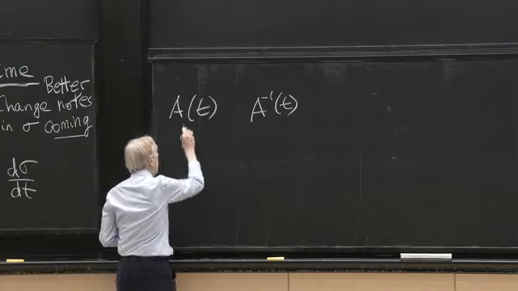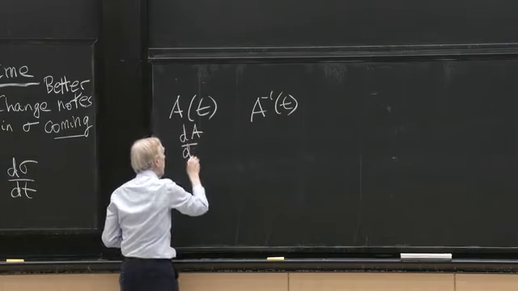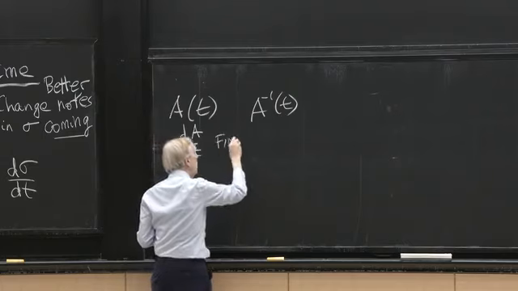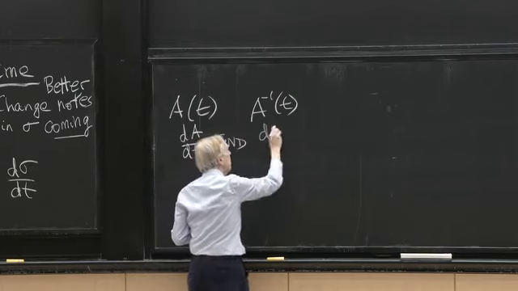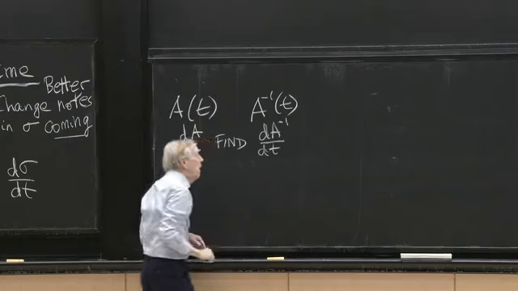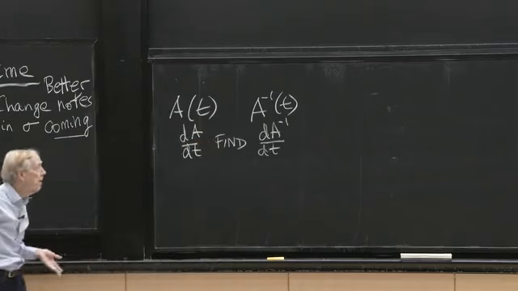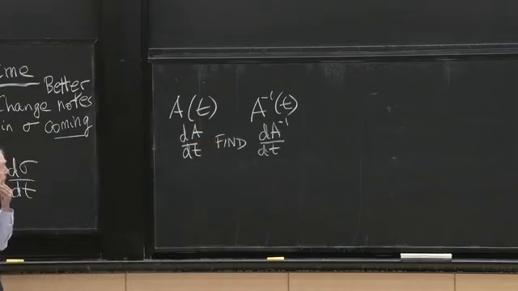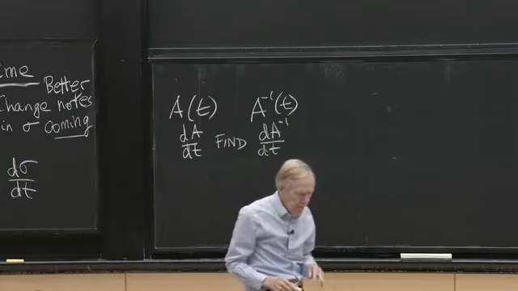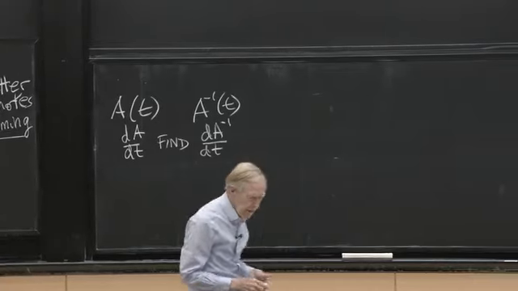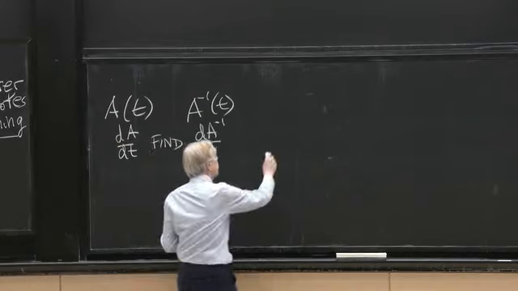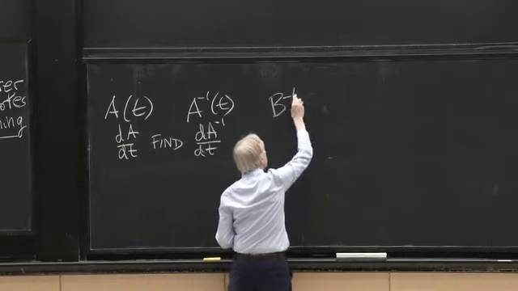I can figure out the change in A, and my job is to find the change, the derivative of A inverse. Okay, so here's a handy identity, my useful identity.